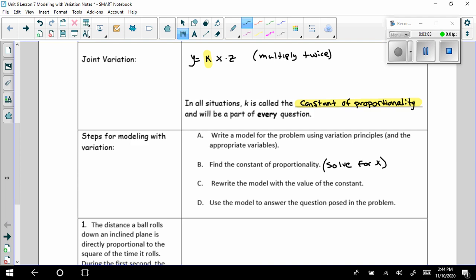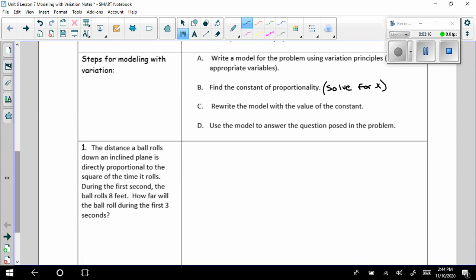Use the model to answer any questions posed in the problem. Again, we can use that constant to project or solve for future values. Okay, so all of that was a bunch of gibberish, I'm sure. So let's look at an actual problem and see what we're dealing with here.